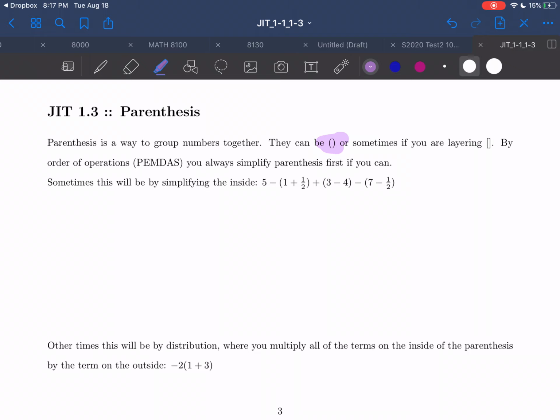If we're layering, you could also see or use square braces just to keep everything straight. If you get a couple layers of parentheses in there, sometimes it's nice to use that to make it easier to keep track of what goes with what.